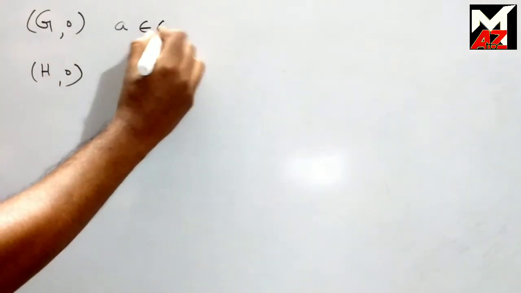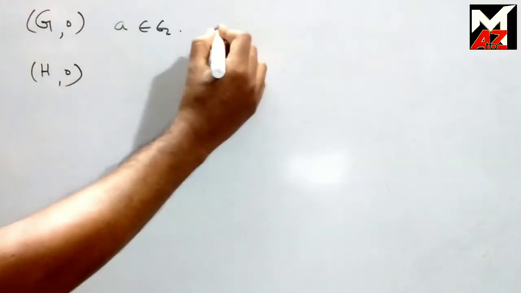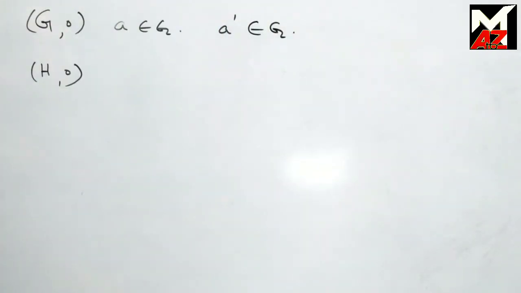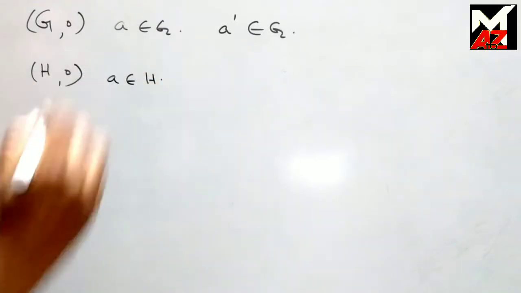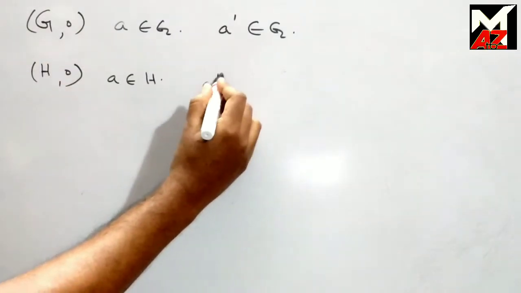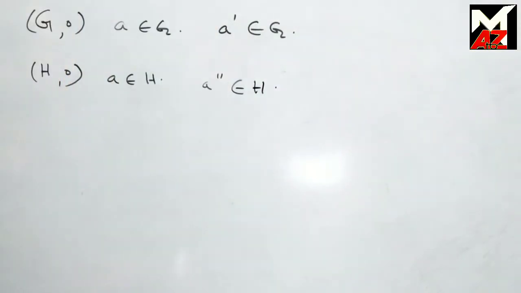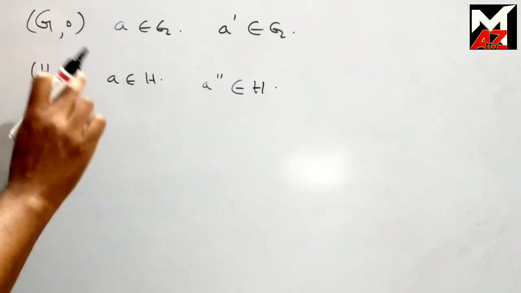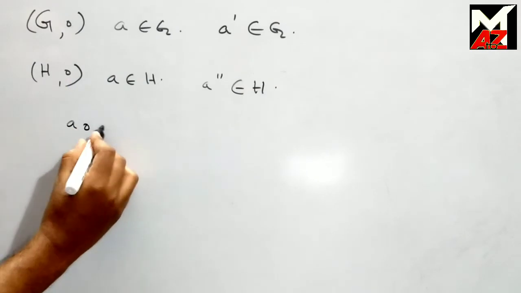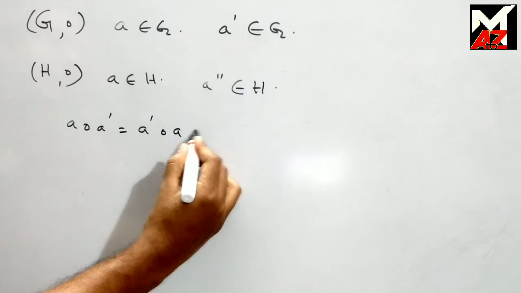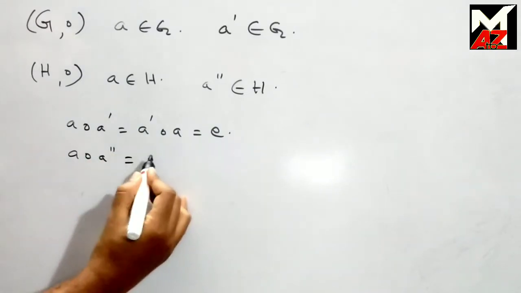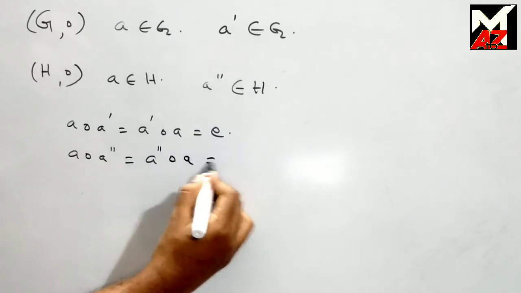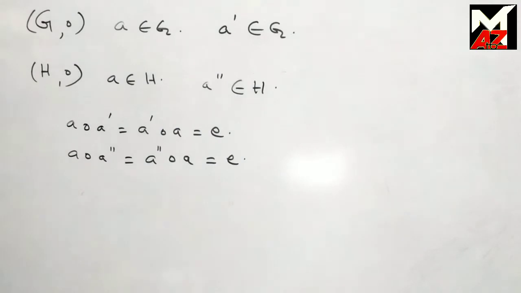Let a belong to G and the inverse of a in G is a dash, which also belongs to G, and let a also belong to H. Here we take a double dash as the inverse in H. Now from the property of inverse we get a compose a dash equals a dash compose a equals E. Also from H we get a compose a double dash equals a double dash compose a equals E, because the identity is the same in the group and the subgroup.